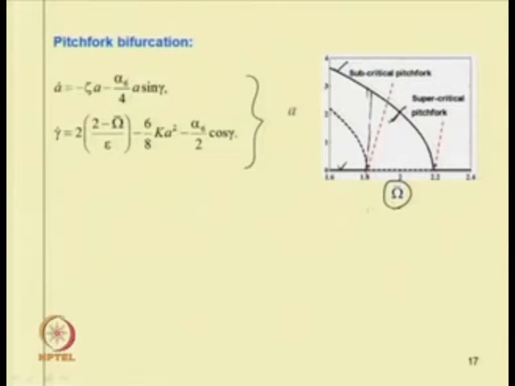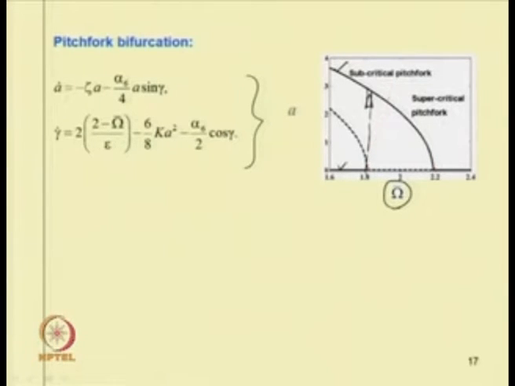So, by increasing the frequency from 1.6 to 1.8, if initially the response is trivial, then at 1.8 with a slight increase in frequency, there will be a jump-up phenomenon, and the system response will jump from this trivial state to this non-trivial state, and with further increase it will follow this path.